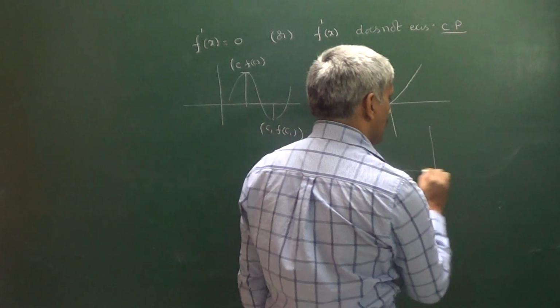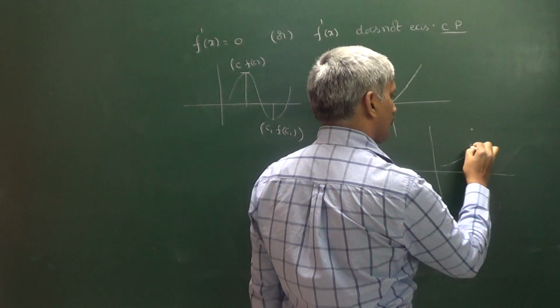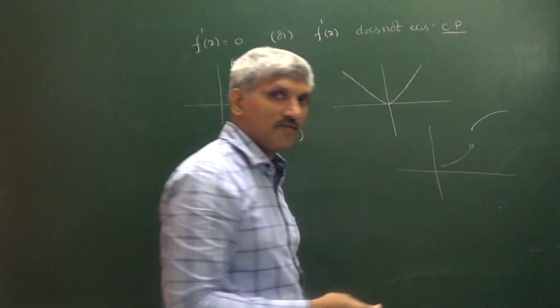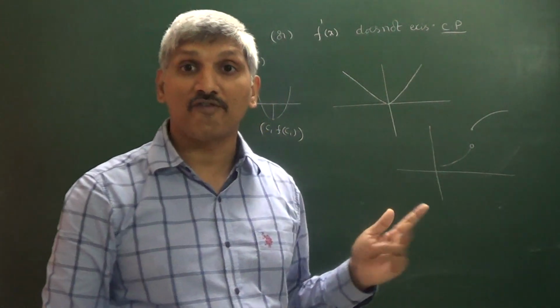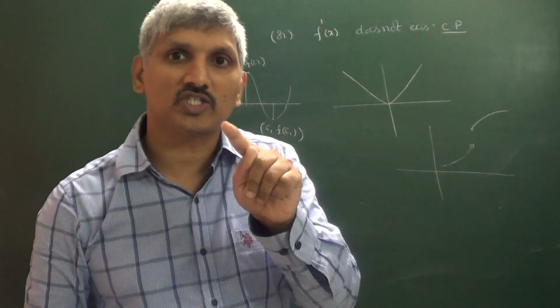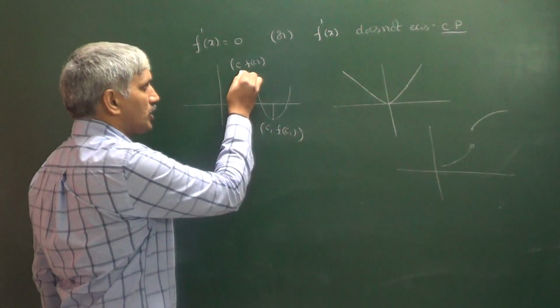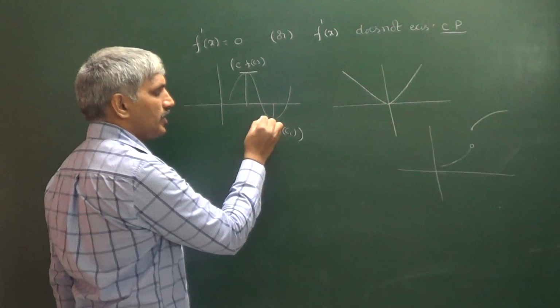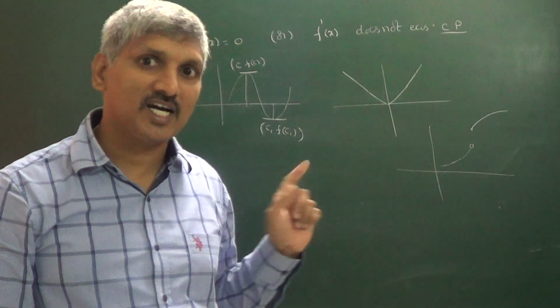You can see the graph of one function like this. Now this point is also called a critical point, where f dash of x does not exist or where f dash of x becomes 0, because here a horizontal tangent is possible. That point is called a critical point.